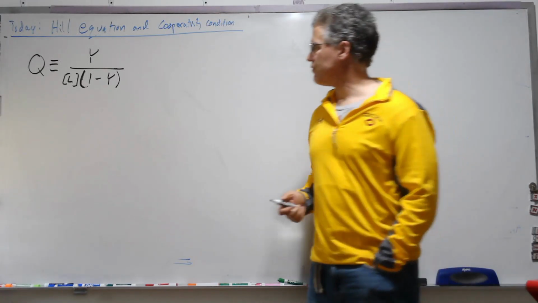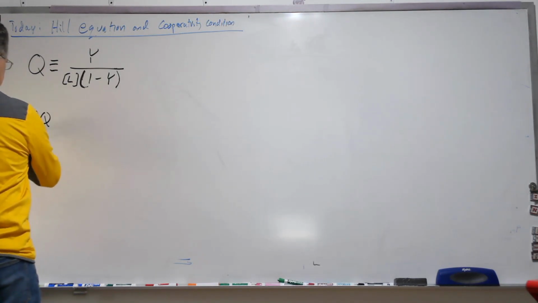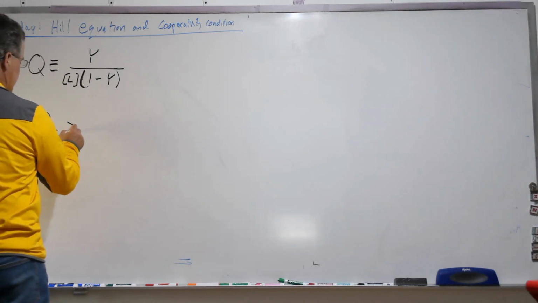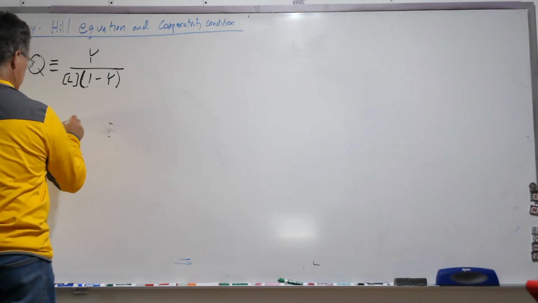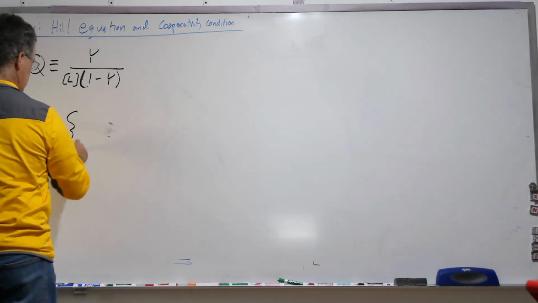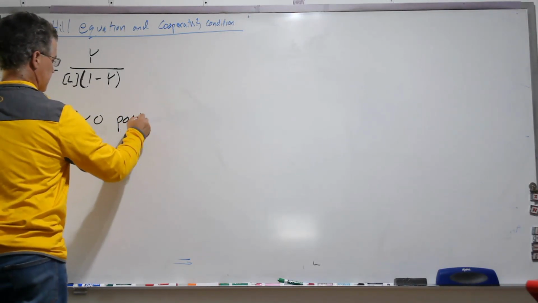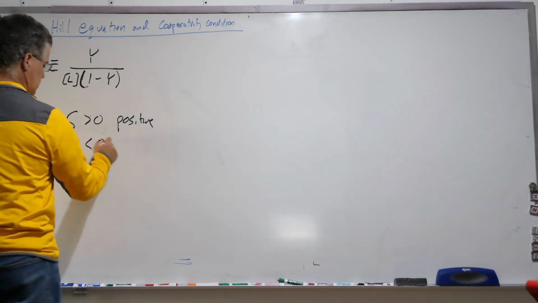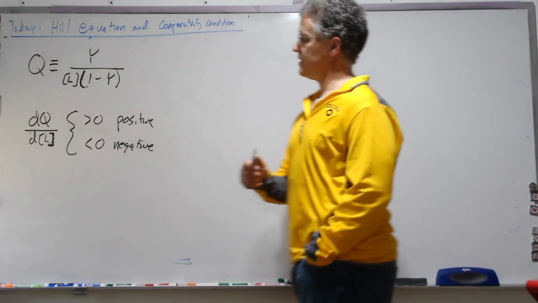And then if we take the derivative of Q with respect to L, if this is greater than 0, then it's positive cooperativity. And if it's less than 0, then it's negative.